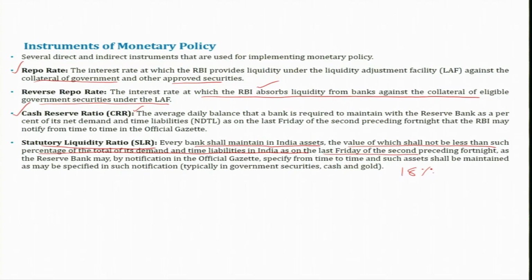So, 18% of their total demand and time liabilities should be invested in government securities, cash or gold. This is in addition to cash reserve ratio. Suppose the cash reserve ratio is 4%, that should be kept with the central bank, plus of the total assets another 18% must be invested, a minimum of 18% should be invested in government securities, cash or gold.